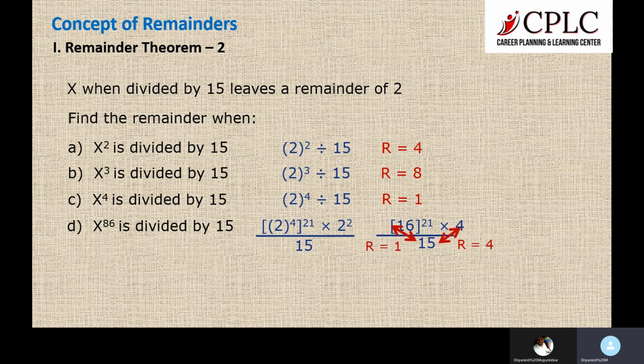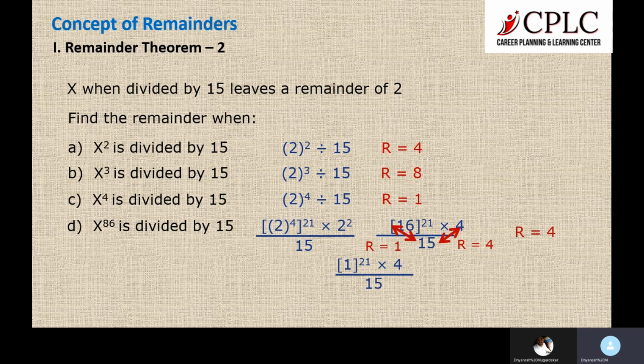And then my question becomes 1 raised to 21 divided by 15. 1 raised to anything becomes 1. 1 divided by 15 gives me a remainder plus 1 only on the left side. On the right side, I have 4. 4 when divided by 15 gives me a remainder of 4 itself. In between we have multiplication, 1 into 4. We get the answer as 4 as the final remainder.